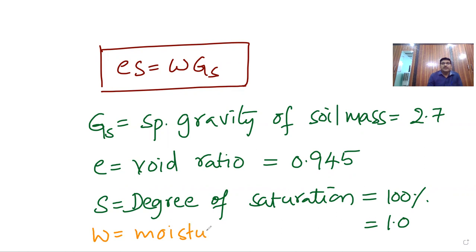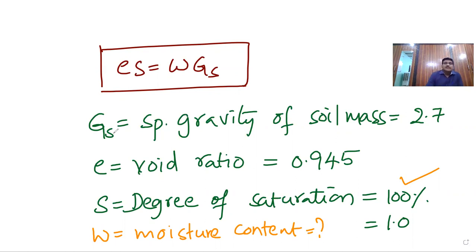Moisture content is how much at this level of degree of saturation. That means, if all the voids are fully filled with the water, at what moisture content are those voids going to be filled? Is it clear?